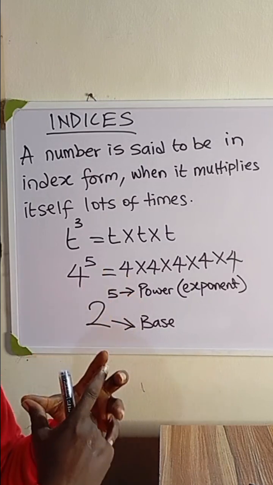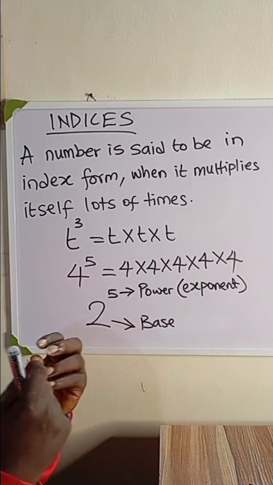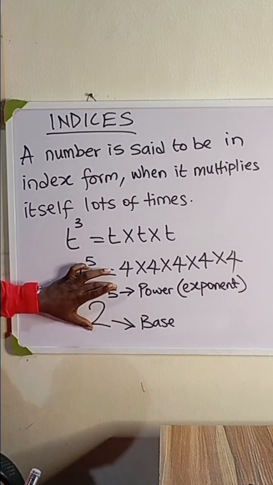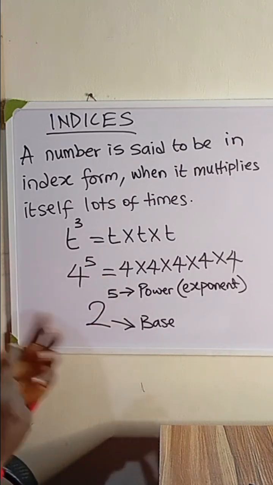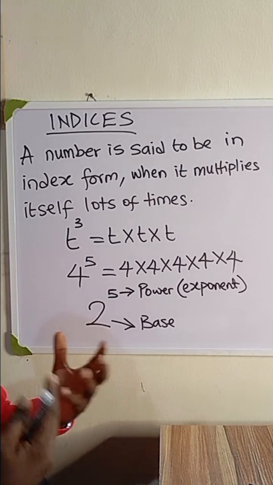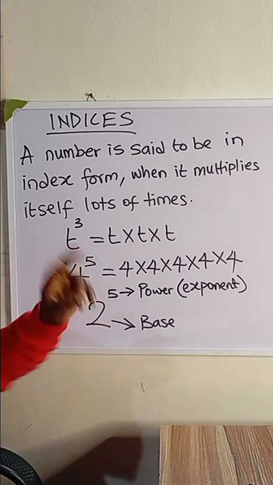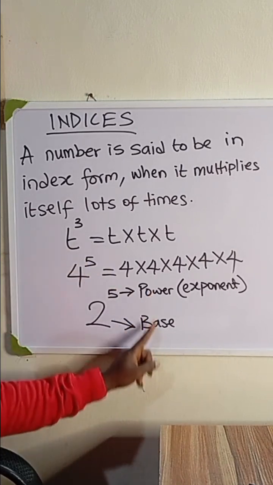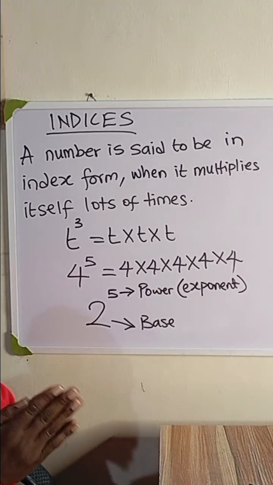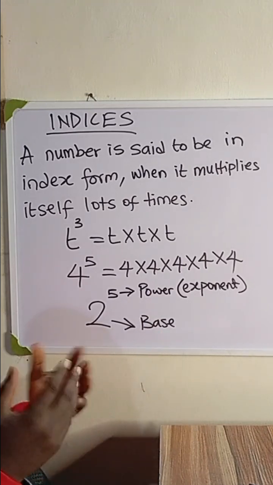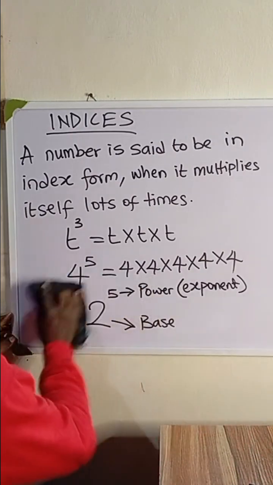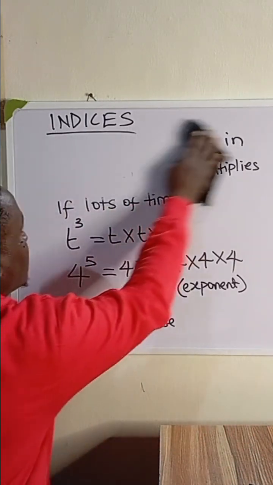Both of them together are called indices or an index number. So an index number is made up of two numbers, the power and the base. Now we are going to see the laws governing how to solve questions on indices. So let's continue.